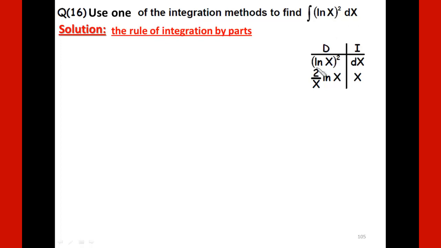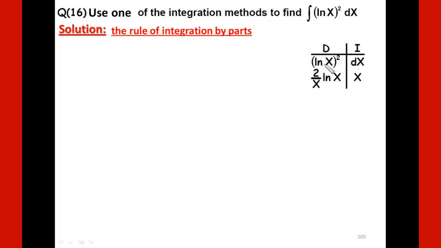So we write (ln x) power 2, because it's easy to make a differentiation for it, and we write dx to make the integration to it. So what is the derivative of (ln x) power 2?